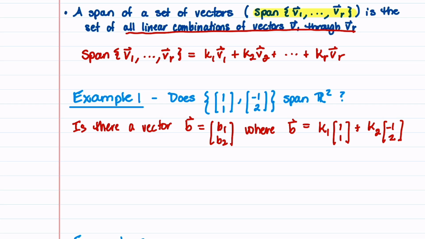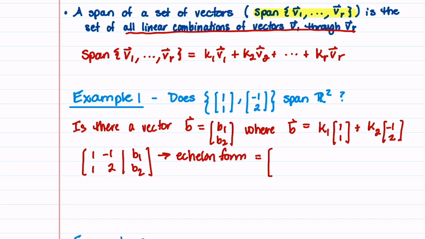We're going to put our matrix, 1, 1, minus 1, 2, and B, which is B1, B2, in echelon form. We actually only have to change one row, so row 2 goes to row 2 minus row 1, because we're working off of that row.